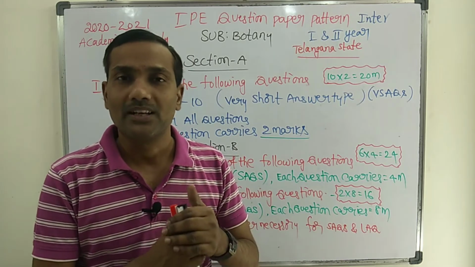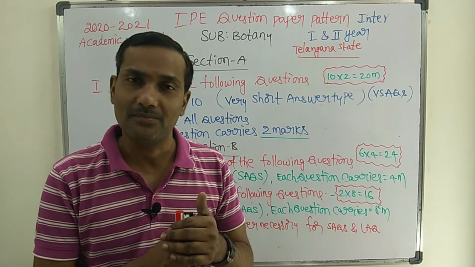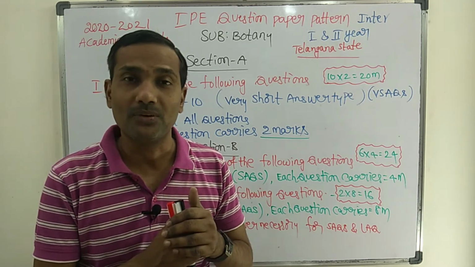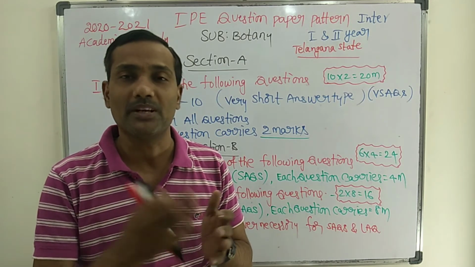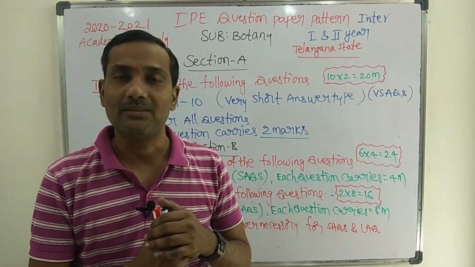For example, describe the structure of a prokaryotic cell: draw the bacterial cell, 1 mark. Describe the cell organelle which consists of chlorophyll pigment: chloroplast diagram, 1 mark; description, 3 marks.